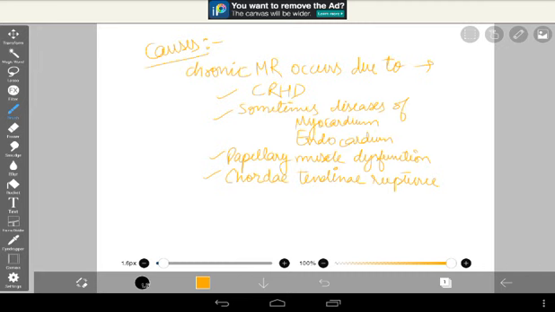Sometimes it occurs due to papillary muscle dysfunction and chordae tendineae rupture. Both are seen in patients with myocardial infarction. When a patient has a myocardial infarction and papillary muscle dysfunction or chordae tendineae rupture occurs, it will lead to chronic mitral regurgitation.